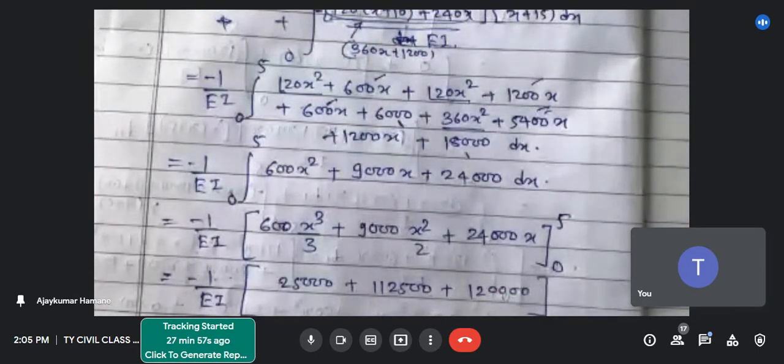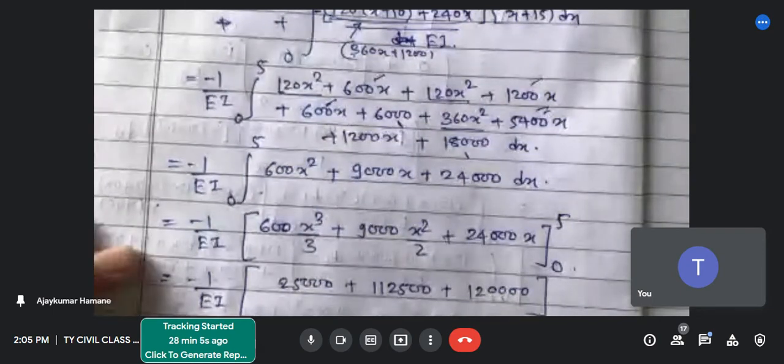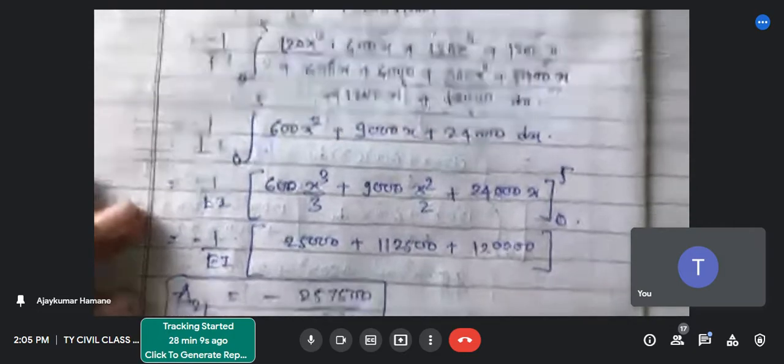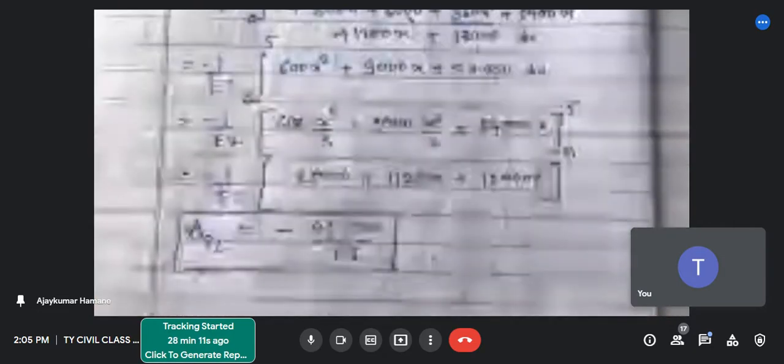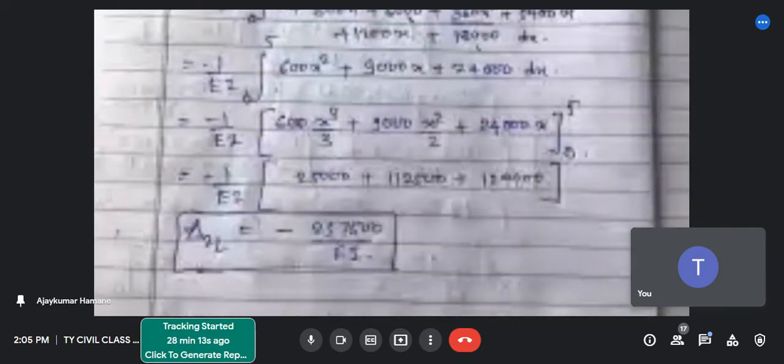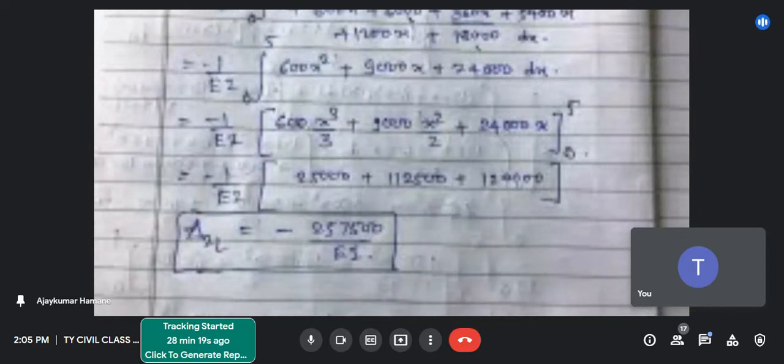So delta 2L equals minus 257500 divided by EI. Correct? Now, what is the next piece?